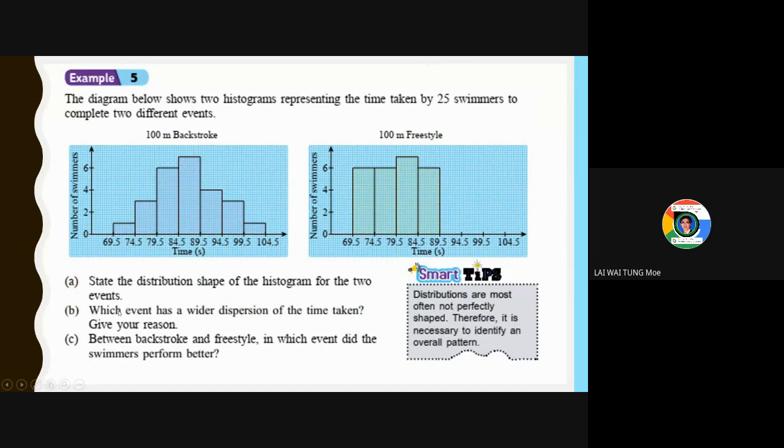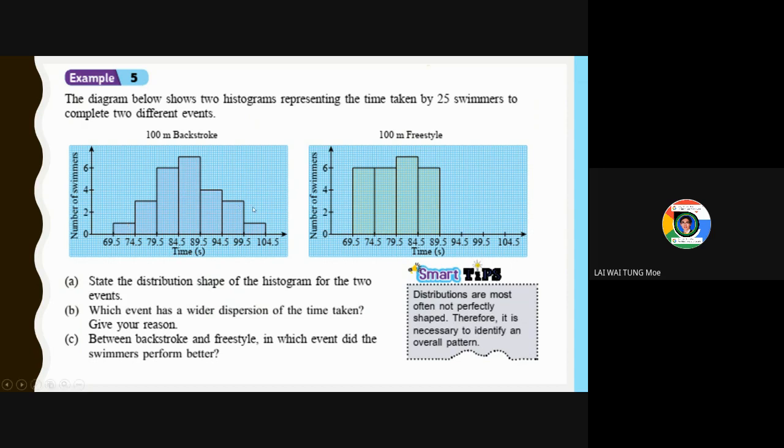Okay, question B, which event has a wider dispersion of the time taken? Give your reason. Normally when you want to analyze your data for a given graph like a histogram or frequency polygon, you look at the dispersion. The question will ask you the dispersion.